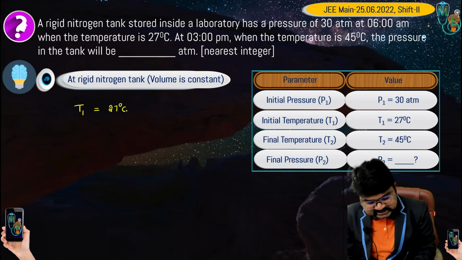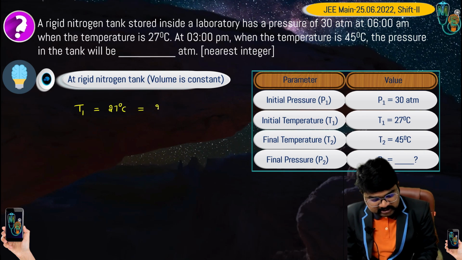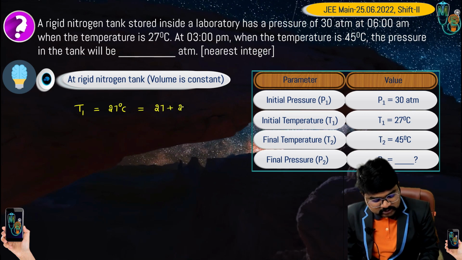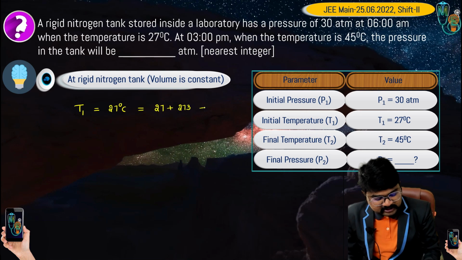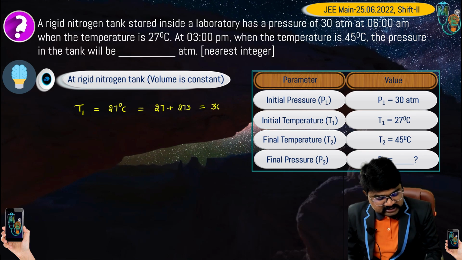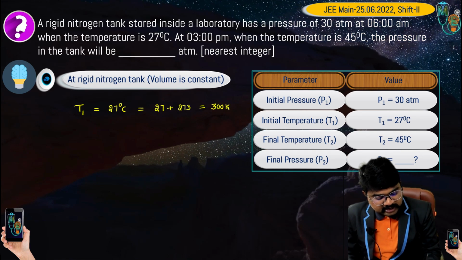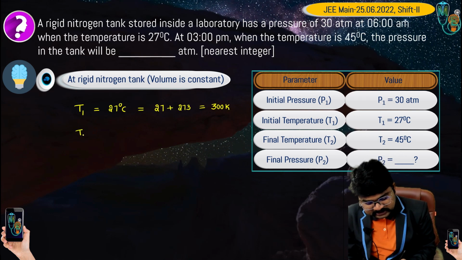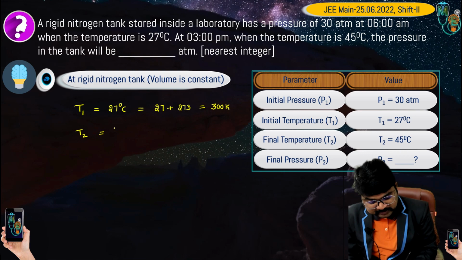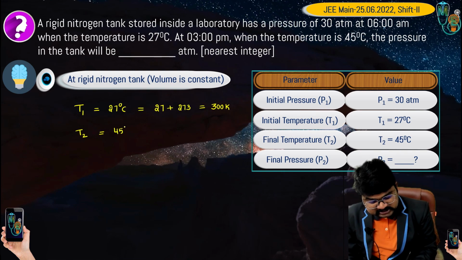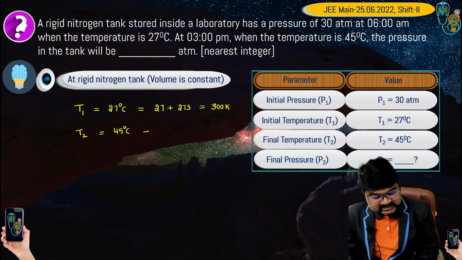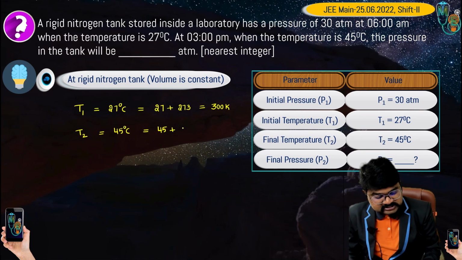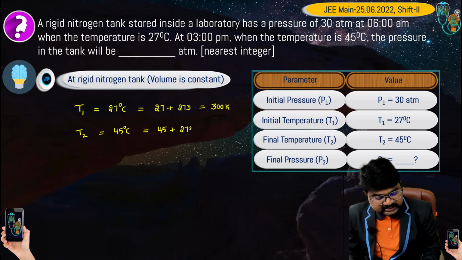27 degrees centigrade. How to convert it into Kelvin? 27 plus 273 equals 300 Kelvin. First, try to convert these two temperatures into the absolute thermodynamic scale. 45 degrees centigrade, here it would be 45 plus 273.